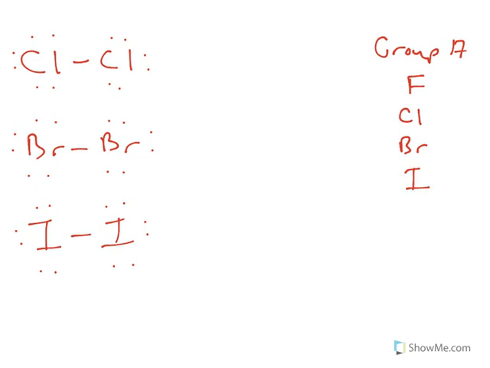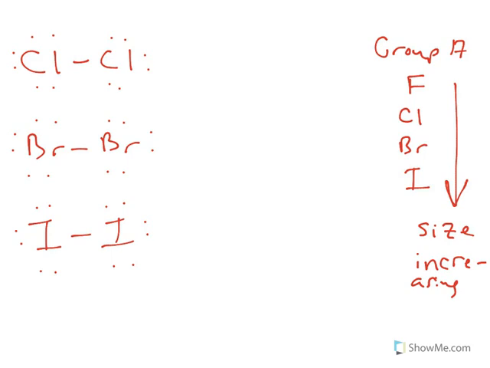As we go down a column, our periodic trends tell us what's happening as far as size is concerned. As we go from fluorine down to iodine, size is increasing. I guess I spelled that right. So size is increasing as we go down the column.